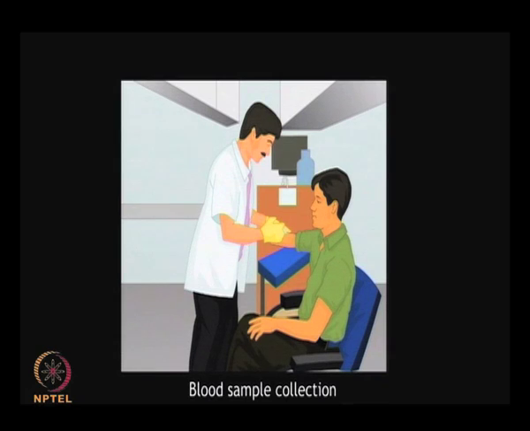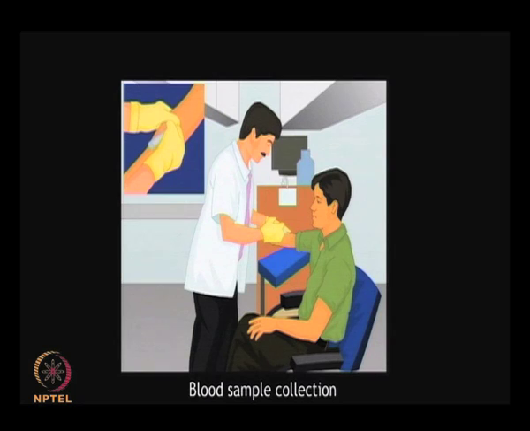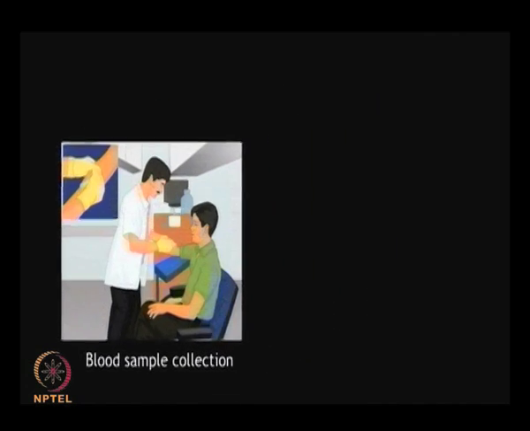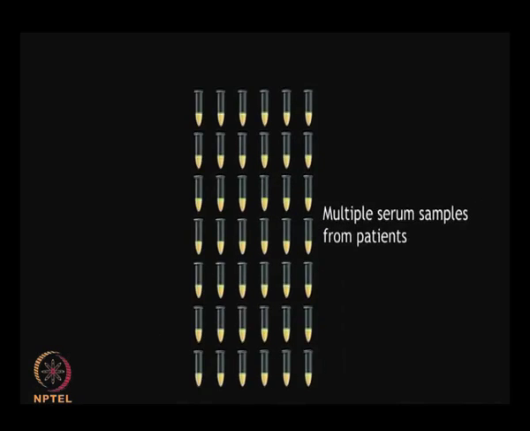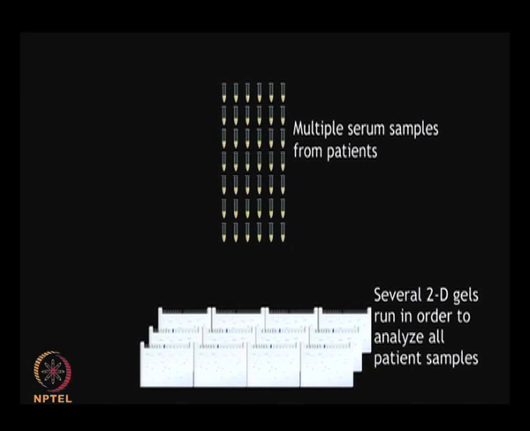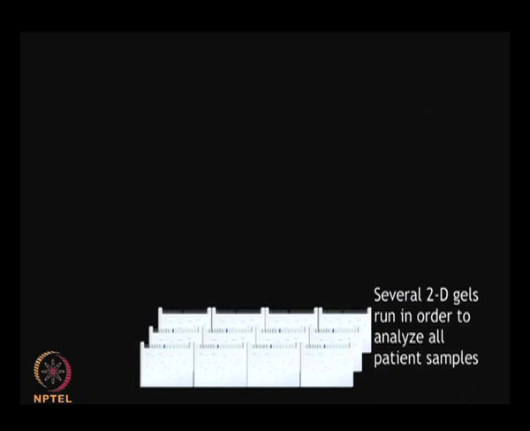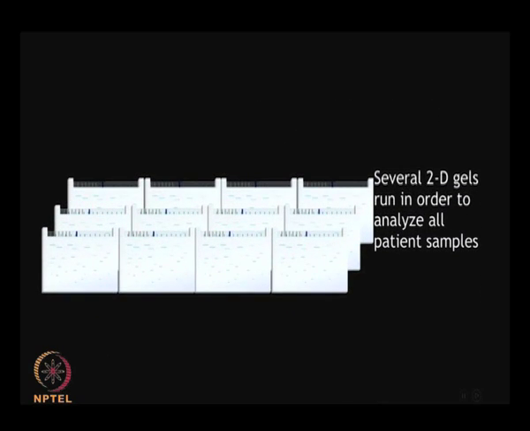So, among 2DE and DIGE, which of these two techniques will be better to separate serum protein samples obtained from a large number of patients in a clinical trial? If you have multiple serum samples from patients, two-dimensional electrophoresis, although a very useful technique, may not be the best option in this case.